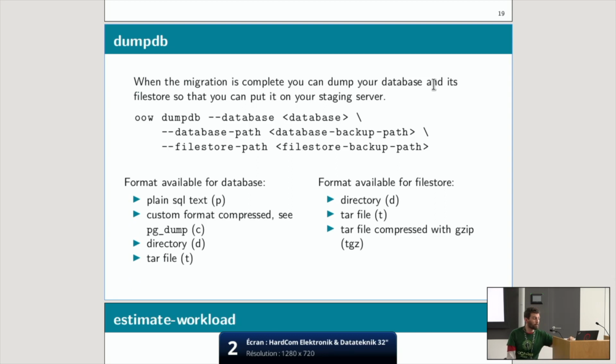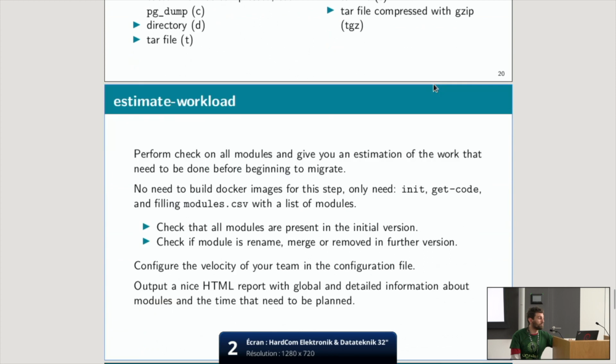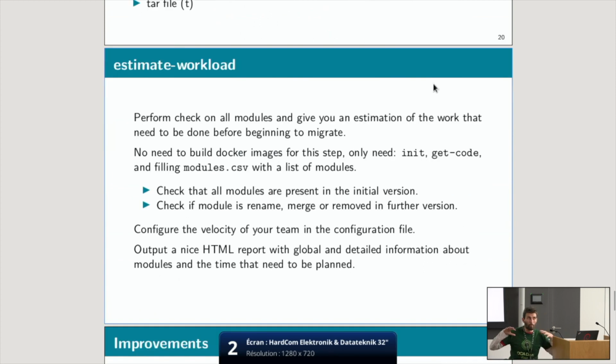Okay, and now the biggest one. I left the most important to the end, because before doing all that, you have to be sure that you have all the modules you need in all the versions. A little bit as the previous presentation introduced you.